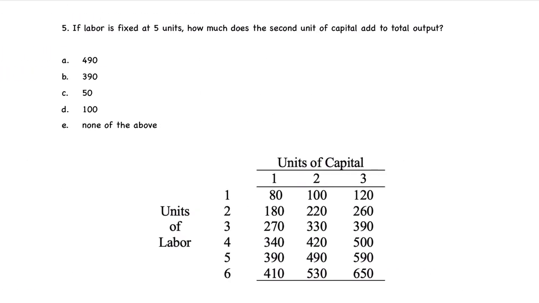If labor is fixed at 5 units, how much does the second unit of capital add to the total output? So this time we're fixed at 5. So we're looking at the yellow row. So this is our row brought up to the top.